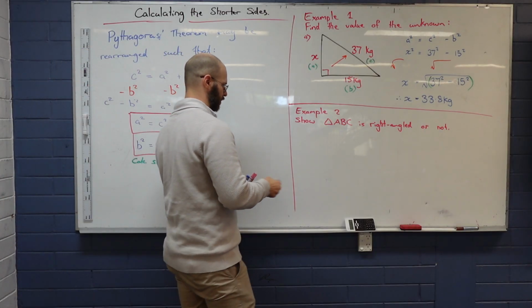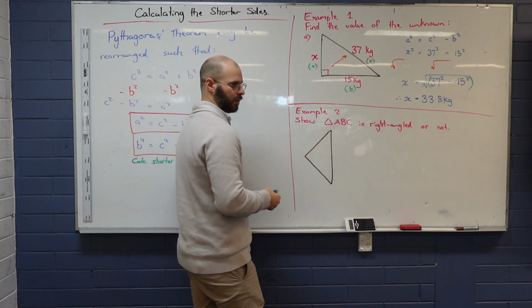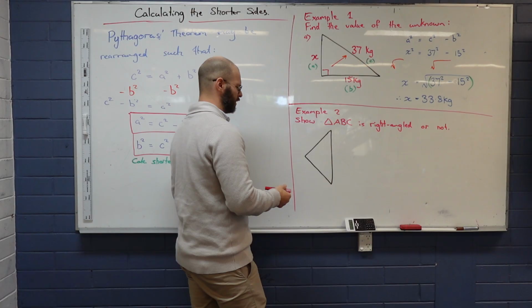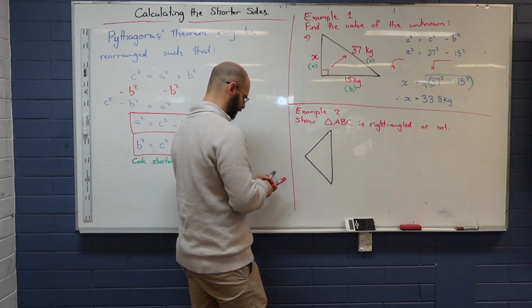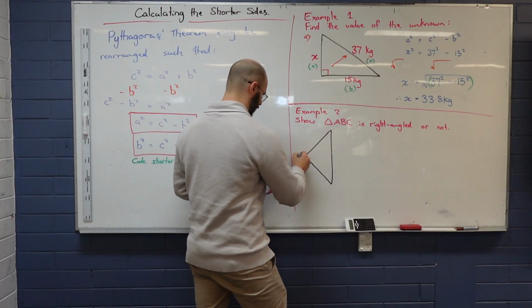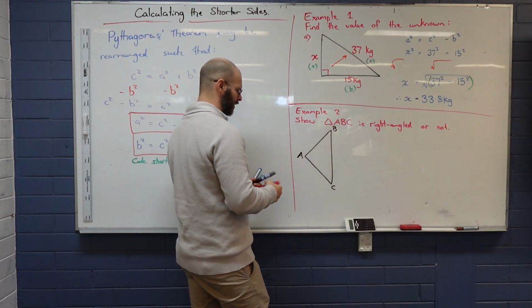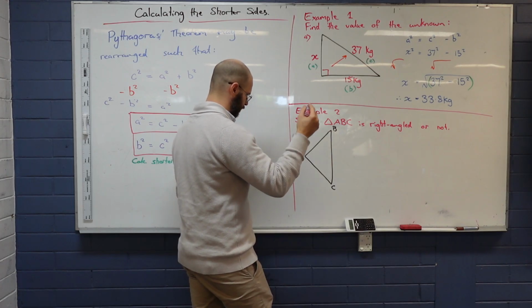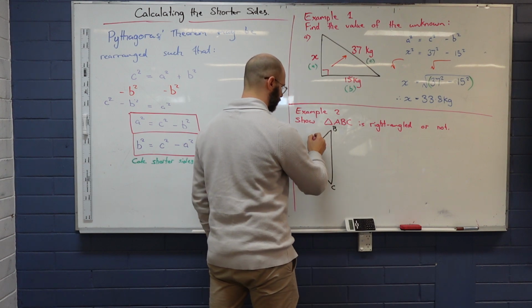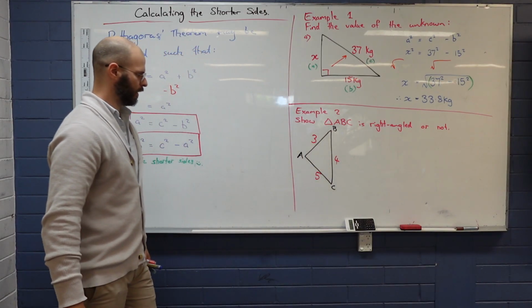Triangle ABC is going to be defined as having side lengths 3, 4, and 5.